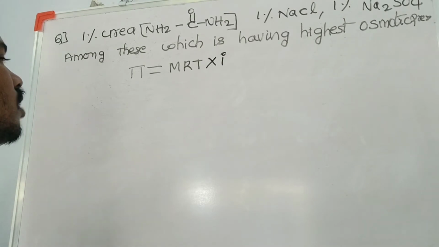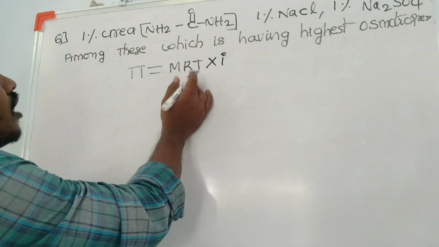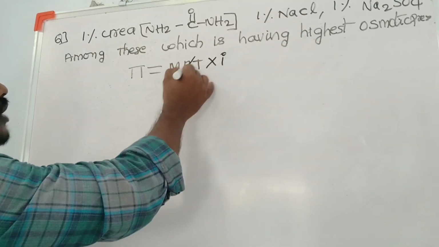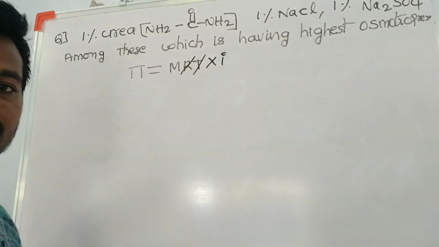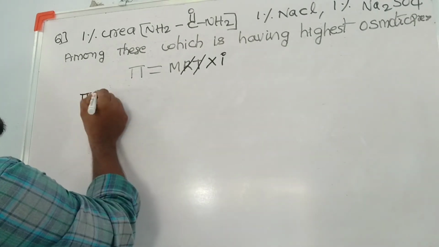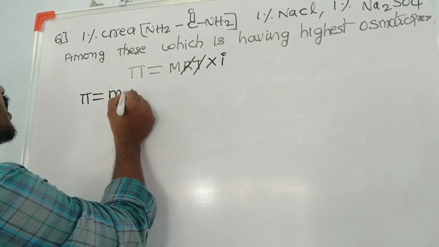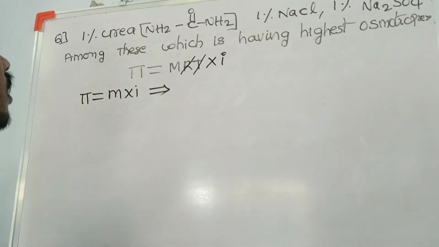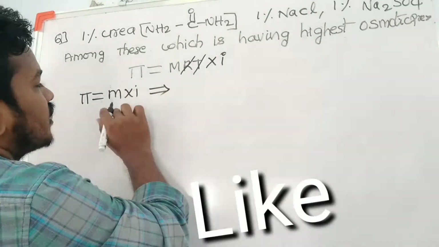R, the gas constant, is the same for urea, NaCl and Na2SO4, and T is the given temperature. So we have to calculate π = m into i for the three solutions. What is the molarity?